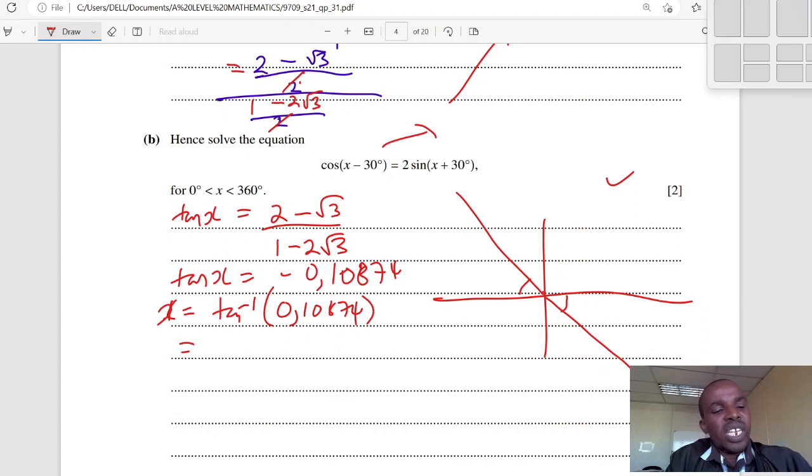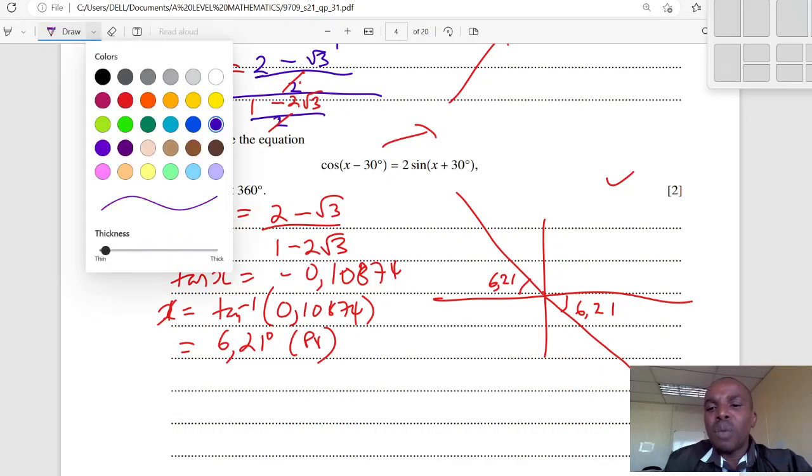If you punch this in your calculator, second function arctan, you get 6.206, so it's 6.21 degrees. So this one would be my PV, principal value. That's the one that you have to put here, 6.21. My solutions are always measured from the positive x-axis.